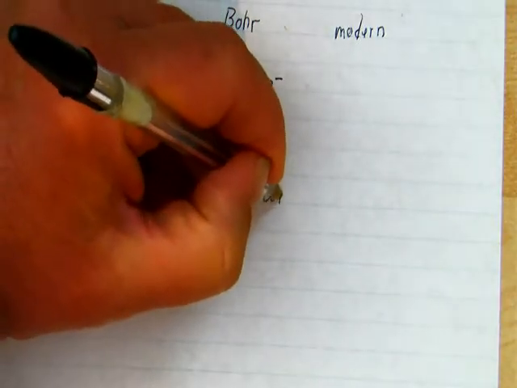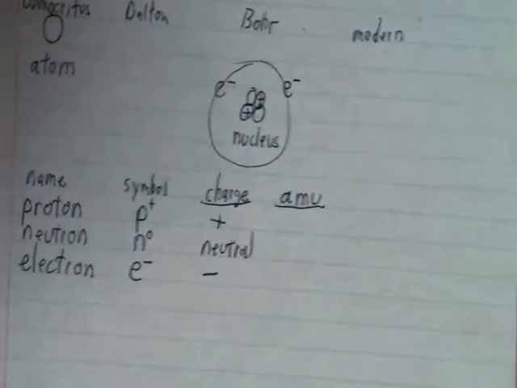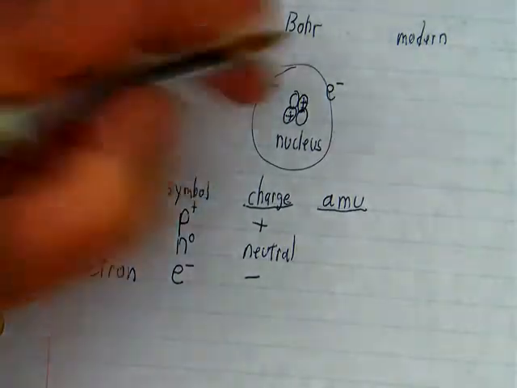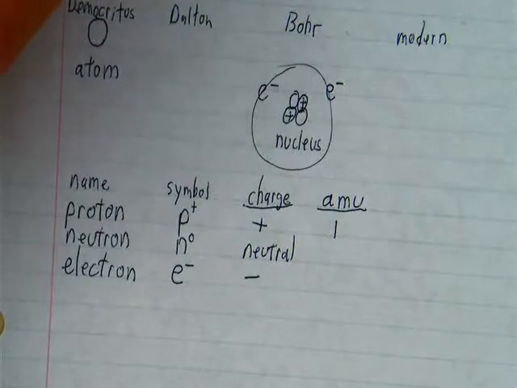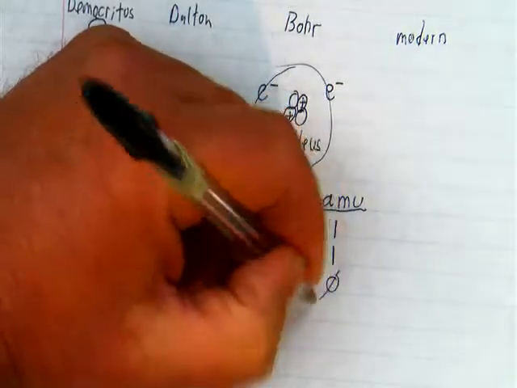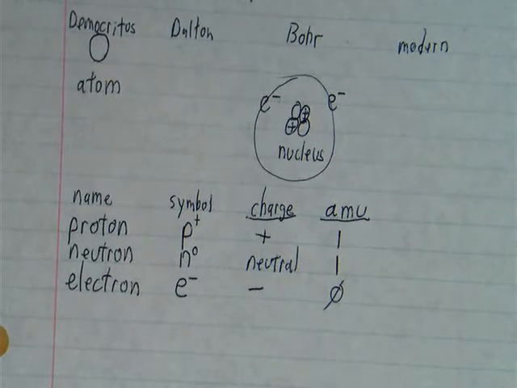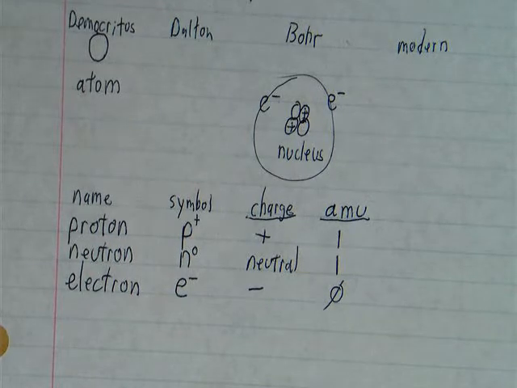And then there's the atomic mass units for these things, how much mass they have. Well, for the proton, it would be a 1. For the neutron, it would be a 1. And for the electron, they are so much smaller in mass than the other two that we just round it off and call it 0 as far as our record keeping goes.